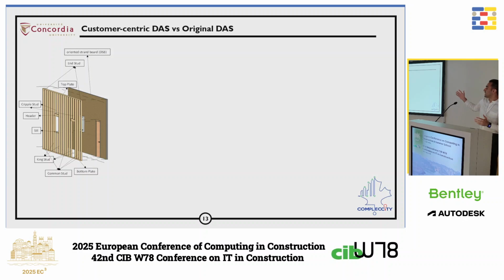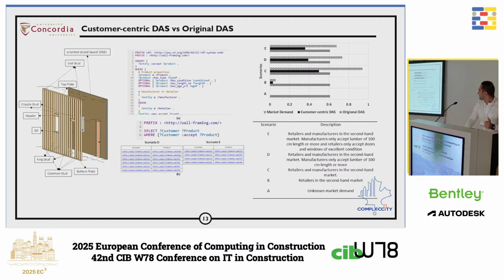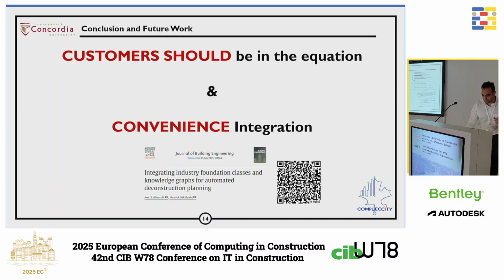So we modeled a very, very simple case study, a typical wall framing in North America. We developed the knowledge graphs, and then we started to query them. And then we compared between the original DAS formula and the formula that we proposed. And we can see here how sensitive our formula is to the market demand. If there are retailers in the area, if there are manufacturers in the area, how this could affect the DAS.